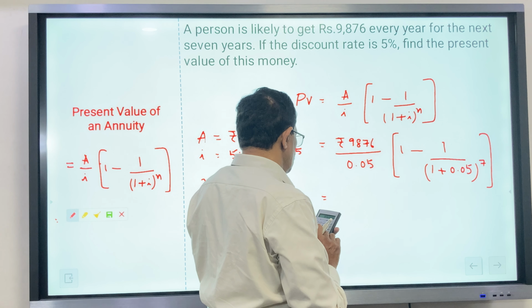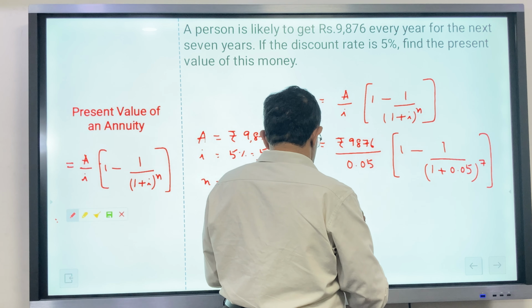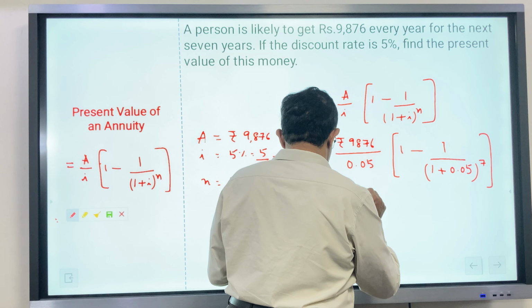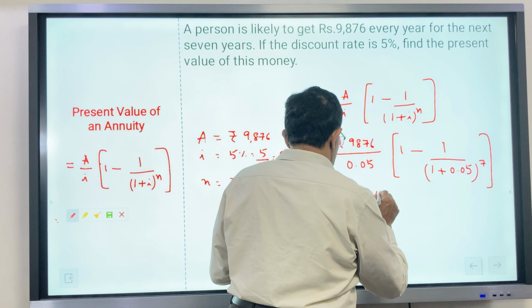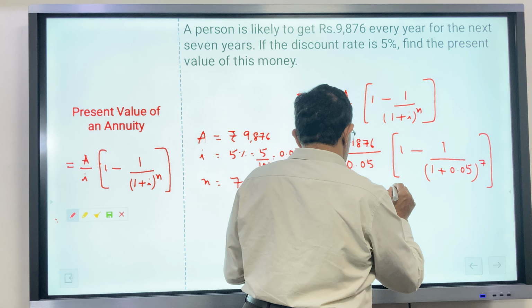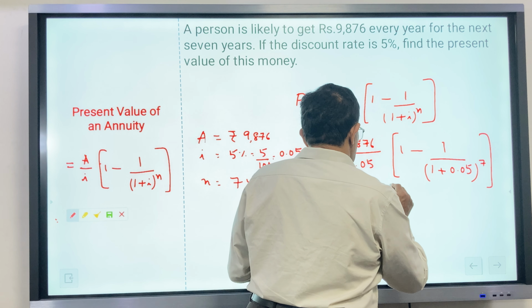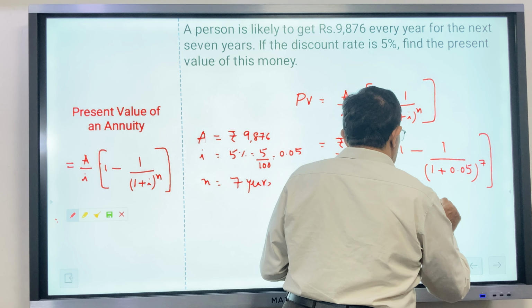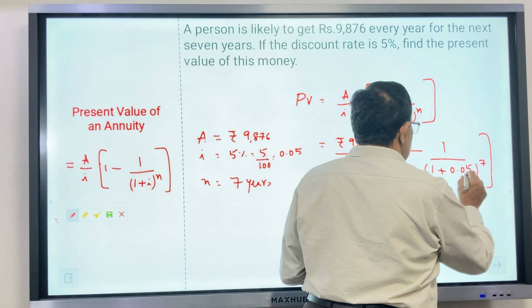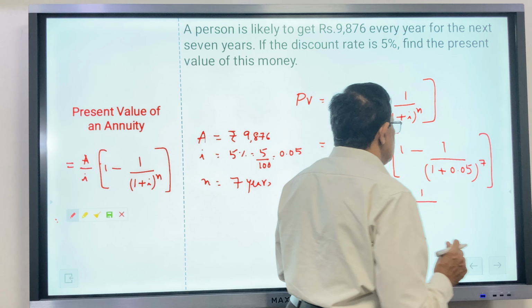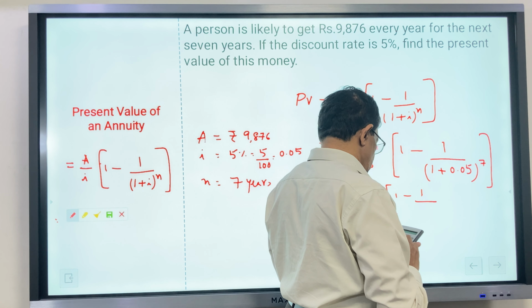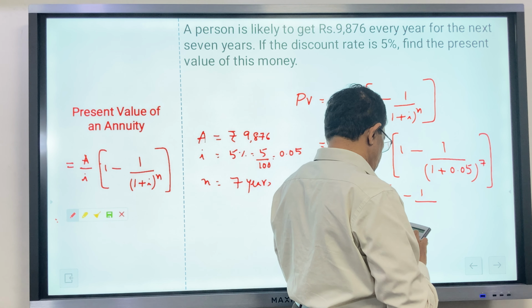This works out to 197,520 multiplied by 1 minus 1 divided by, this is 1 plus 0.05, which is nothing but 1.05, to the power of 7.